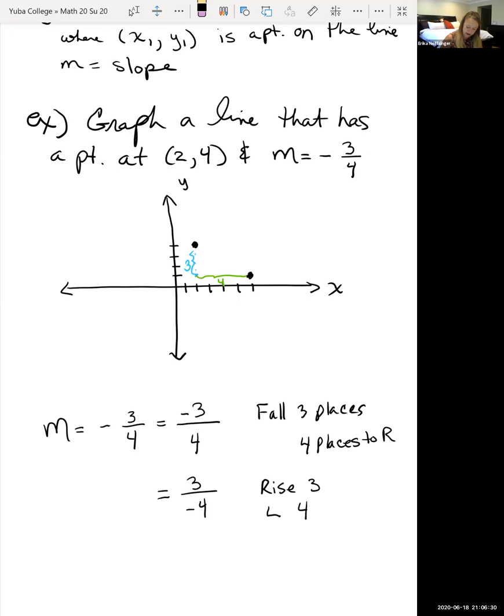So if I start here, if I rise up 3 and run to the left 4, I get a point here. So normally you don't put those squiggly lines in there. And so usually after 3 points is enough, and we can draw a line.